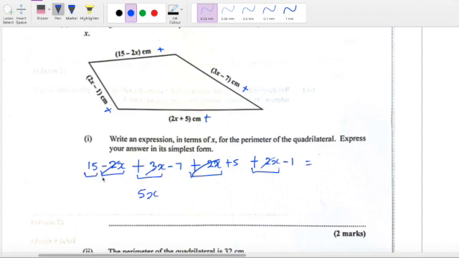Well, 15 plus 5 is 20. And then 20 minus, well, this is minus 1 and minus 7, so that's minus 8. So 20 minus 8 gives us 12, so that'll be plus 12. So 5x plus 12 is an expression for the perimeter of the entire thing.